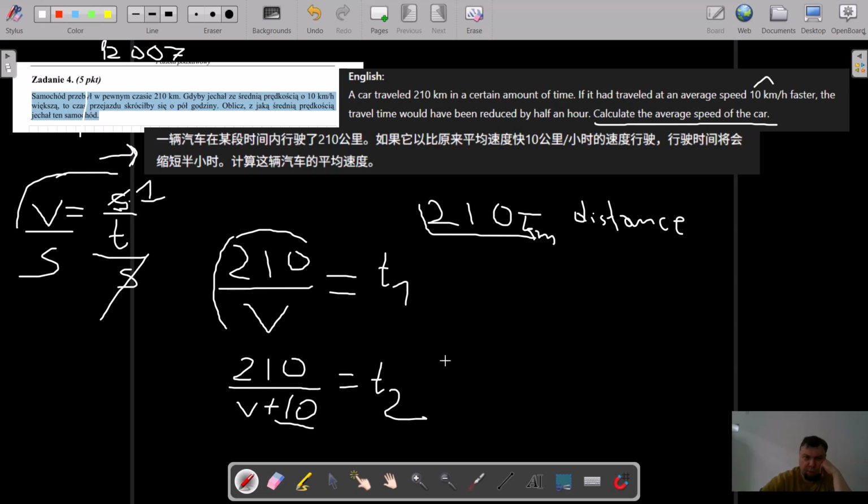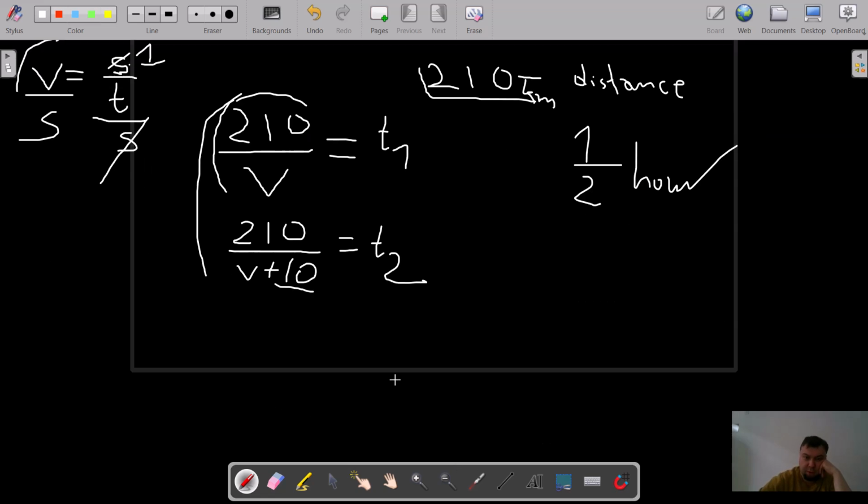So now it's still very difficult to establish an equation, but we know that the time would have been reduced by half an hour. So what can we get out of it? That if you subtract these two times, what you will have left will be only half an hour. And that will help you establish the equation. So you need to know which one you should subtract, which one is longer. You need to determine which time was longer, which time was shorter.